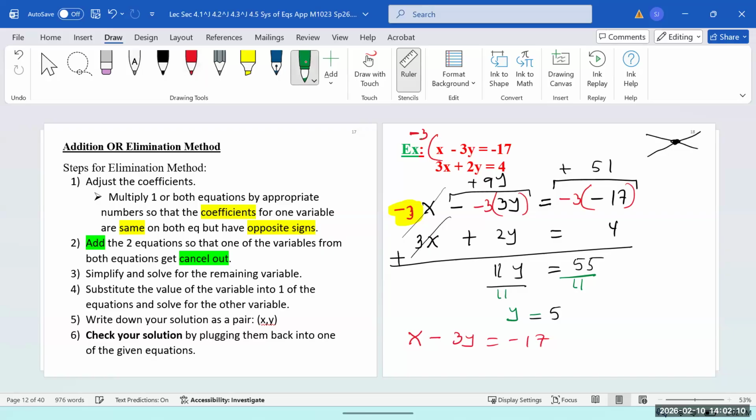We already know our y is 5, so we have x minus 3 times 5 equals -17. So x minus 15 equals -17. So we add the 15 to both sides. x equals -2.